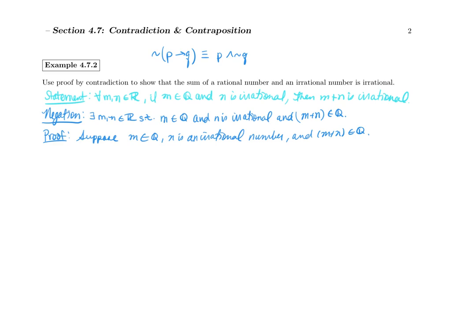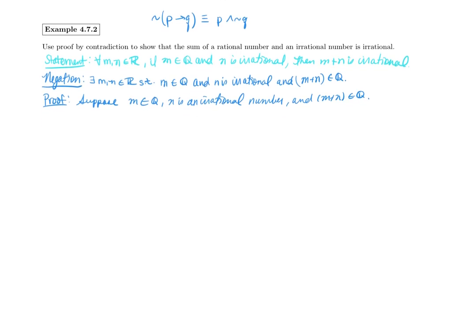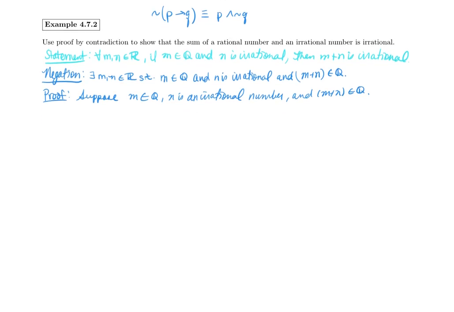While we don't have a direct definition for irrational, what we really do know about it is only that it's not rational. So that one's not going to help us. So we're going to lean into the definition of rational and use that for both m and m plus n. So by the definition of rational, we will say then m equals a over b.